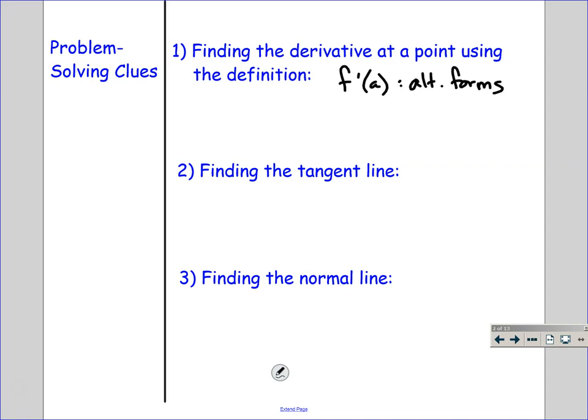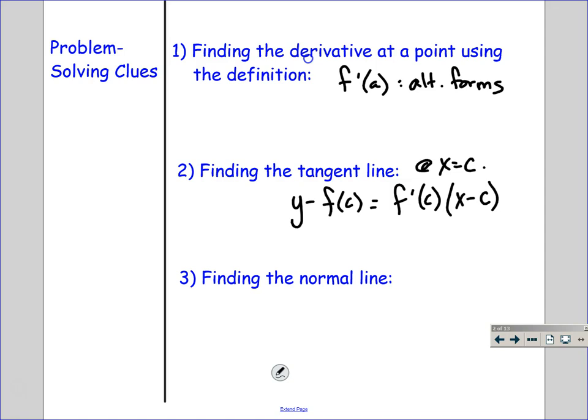Find the tangent line. Tell me what I need to know. So you could say at x equals c. Is that okay? y minus, which is found by, if they don't give me the y, I can find it by plugging into the function. So what would we write for the normal line? Wait, hold on. Normal comes from the Latin normalis. Normalis stands for perpendicular. So therefore, if it's normal, doesn't a perpendicular still go through the same point as the original?